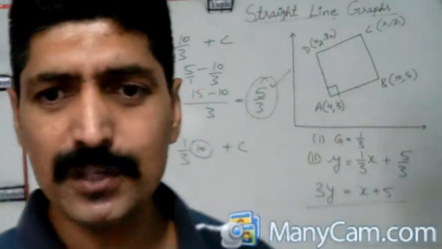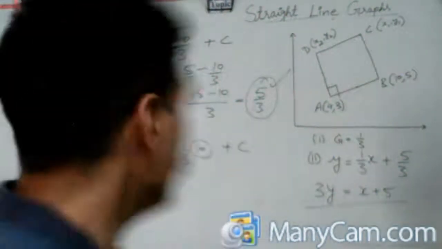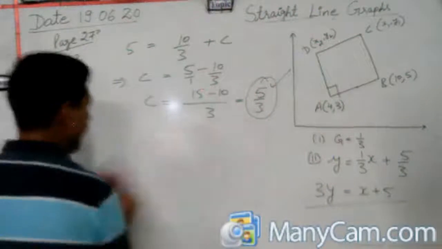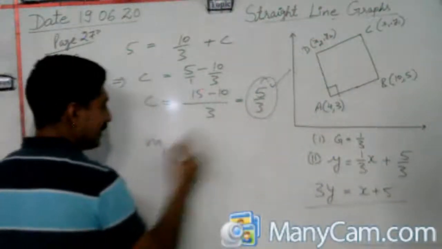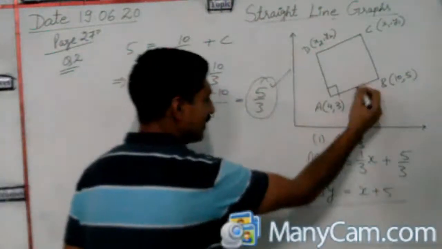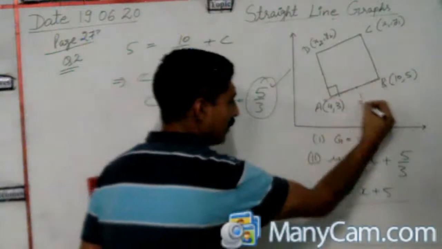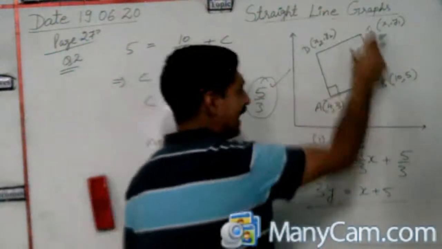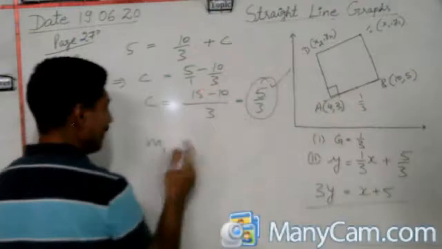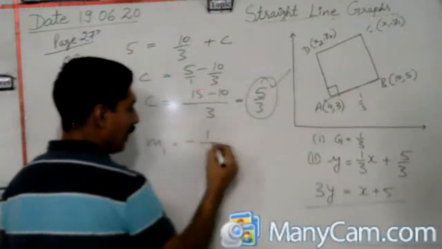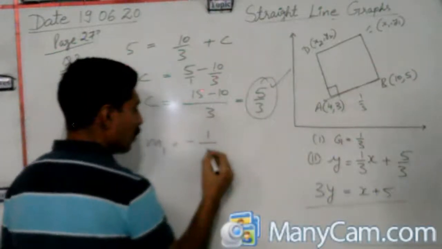For perpendicular lines, the slope of AB is 1 by 3, and the slope m1 is always equal to minus 1 by the slope m2.